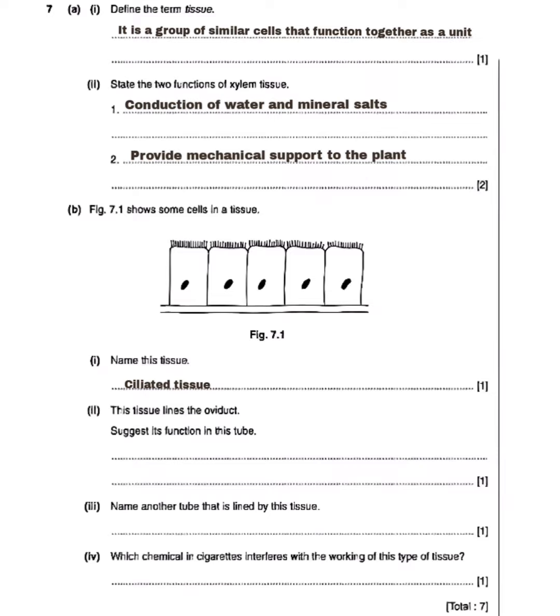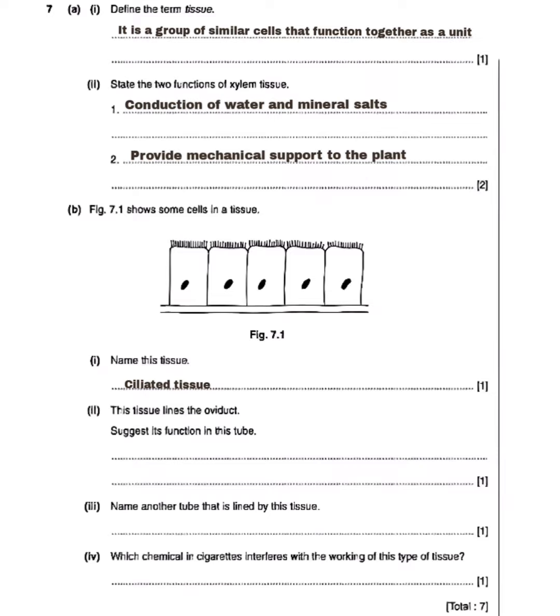The other name for the oviduct is the fallopian tube. Usually the fallopian tube is found in the female reproductive organ. The question is saying, suggest its function in this tube.